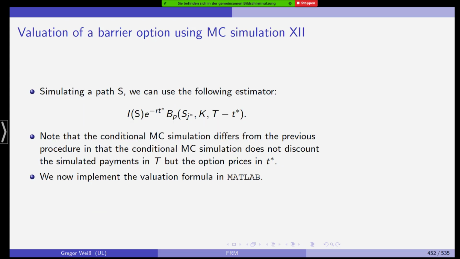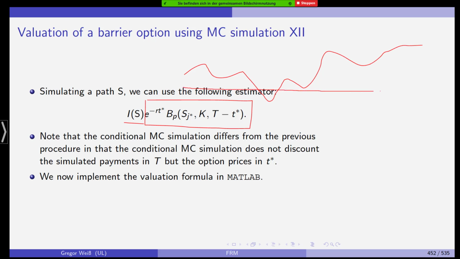We simulate a path. We can use the following estimator: indicator function times the discounted Black-Scholes price. Because remember, let's say this is the underlying price, this is the barrier, then we can take this price here, calculate the Black-Scholes price at this point, and then we need to discount this to T0.